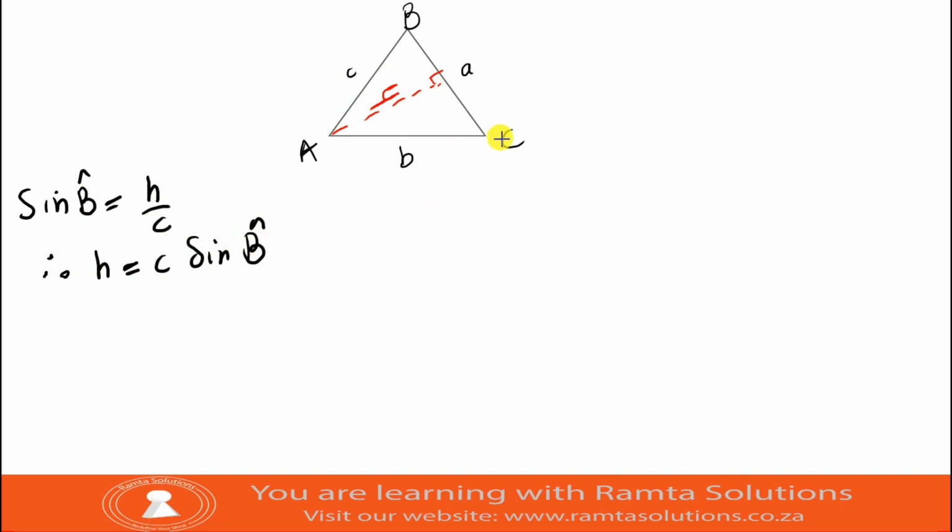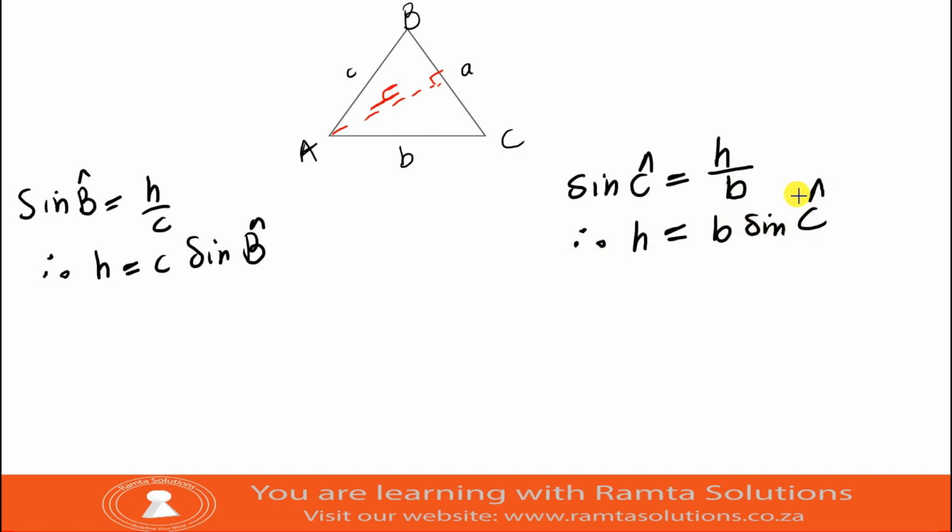Now we can also find sine C. So sine angle C is equal to height over hypotenuse. Remember, sine is opposite over hypotenuse. So this is h over B, right? Therefore, we can say height is equal to B sine angle C.